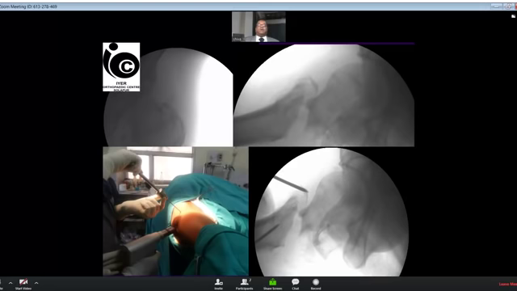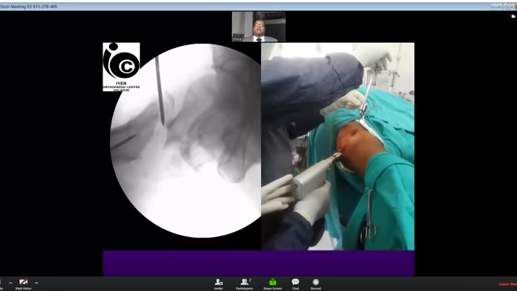What I normally do is I pass a K-wire. In the right lower picture, you can see the K-wire has been passed into the shaft, and then I insert a Steinman pin percutaneously from the anterolateral aspect, and I dip into the fracture site, and then I try to elevate.